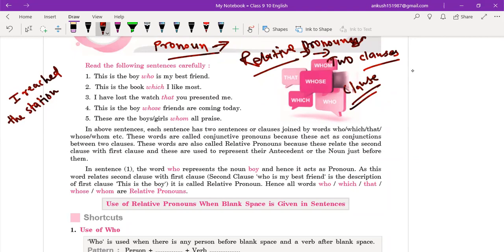What is this? Is it incomplete, this sentence? I think so, sir. Is this incomplete, Arshita? Sir, no, sir. It's like the dependent sentence.